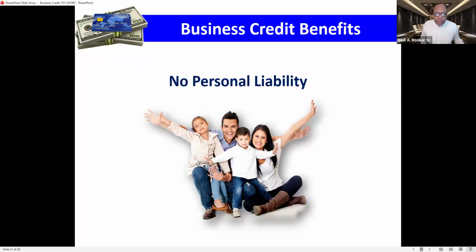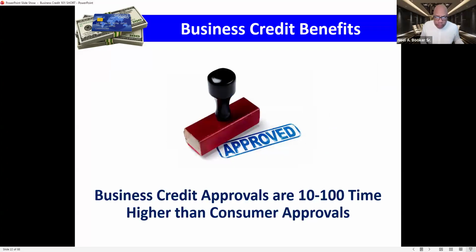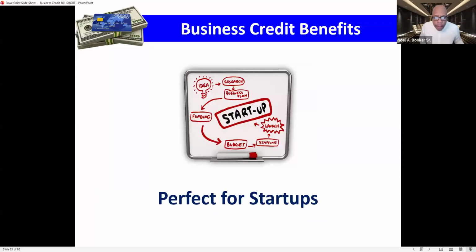Okay? No personal liability. Business credit approvals are 10 to 100 times higher than consumer approvals. So when you get approved for a loan for a business, it's going to be more than what it would be for a person. Okay? Business credit is perfect for startups. Okay.